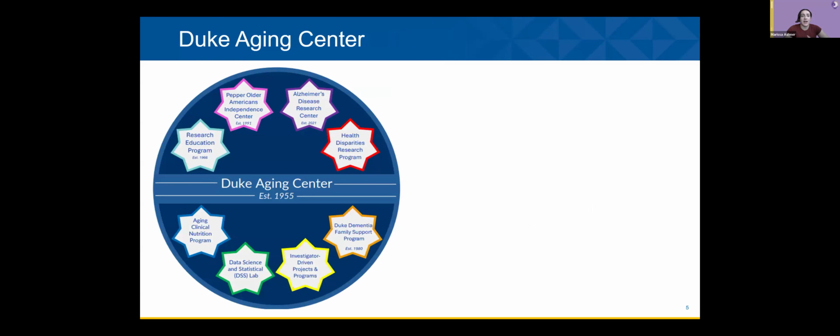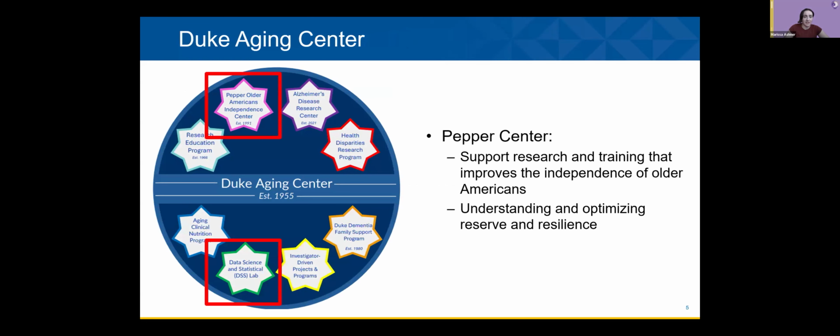And where all of my collaborative effort lies is in the Duke Aging Center. And so that's the project I'll be talking about today, through the Duke Aging Center. And specifically, I focus on what's called the Pepper Center. And I also live in the data science and statistical lab.